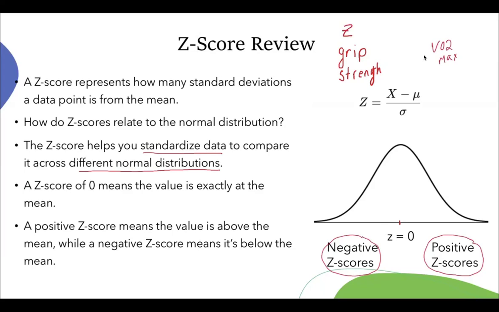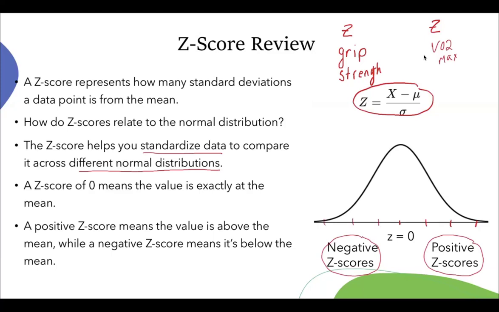When you compare the z-score of one distribution with the z-score of the other distribution, you were able to see which z-score was more outstanding, which stood out more, and that was the one with the bigger z-score. And you found the z-score using the z-score formula. It's a measure of how many standard deviations above or below the mean.